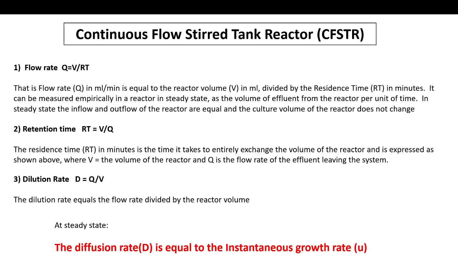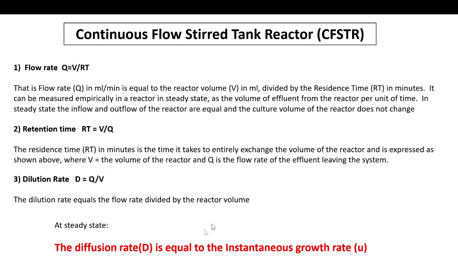Now if the flow rate is slower, then the nutrients will be present in your solution and your growth rate will be higher. Okay, so from this, if your flow rate is higher, then your growth rate is higher. If your flow rate is lower, then your growth rate is lower.